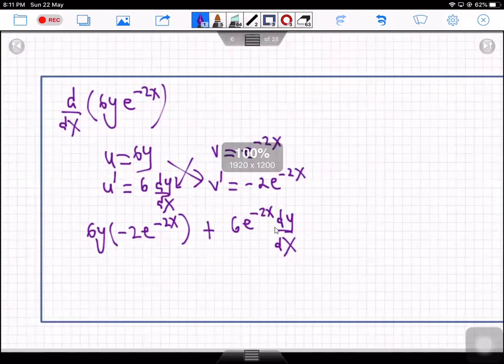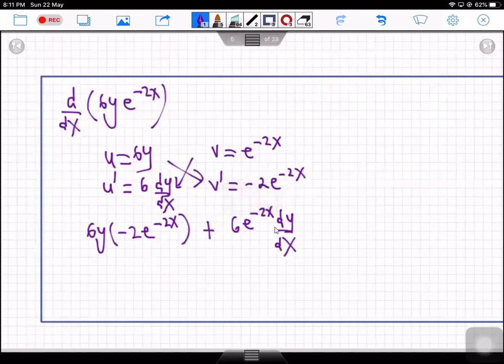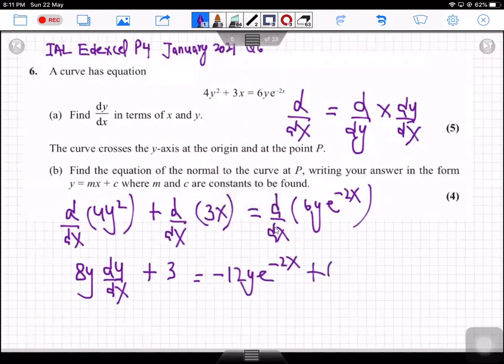I'm going to write this whole thing on the previous page. So this will be -12y e^(-2x) + 6e^(-2x) multiplied by dy/dx.